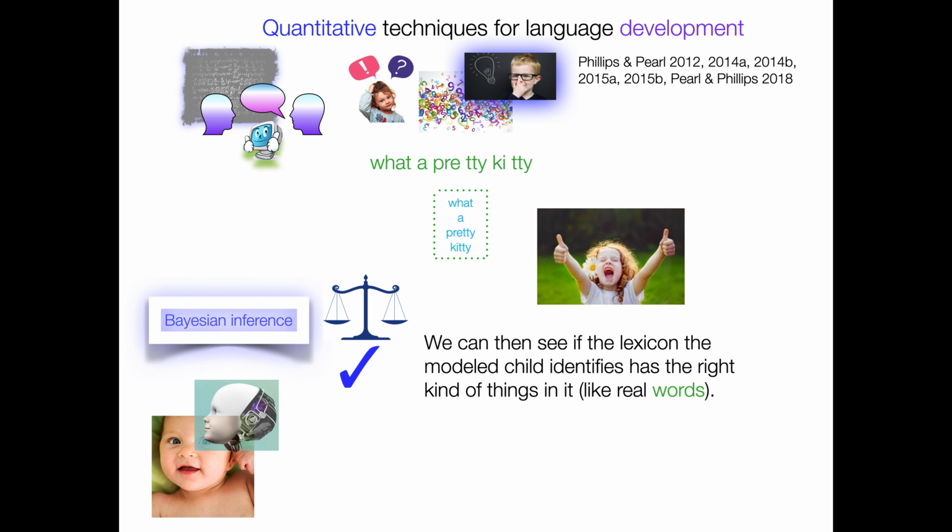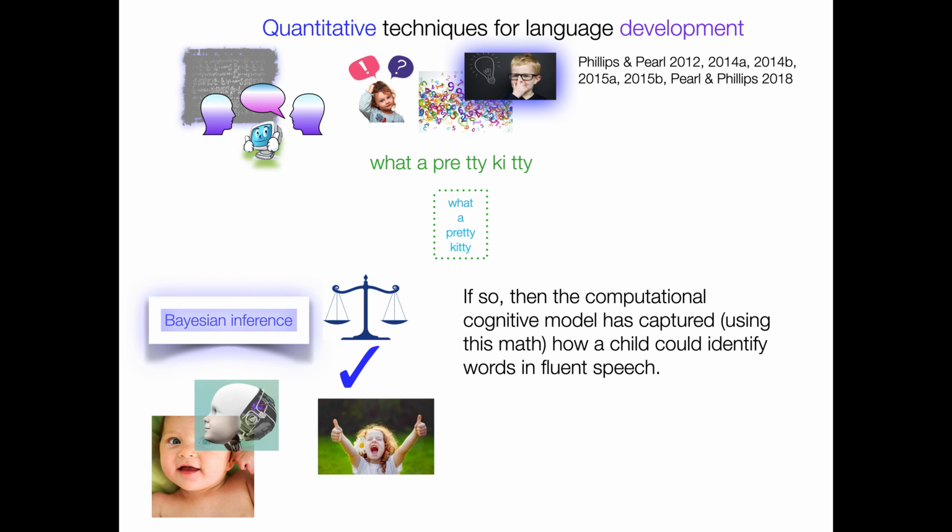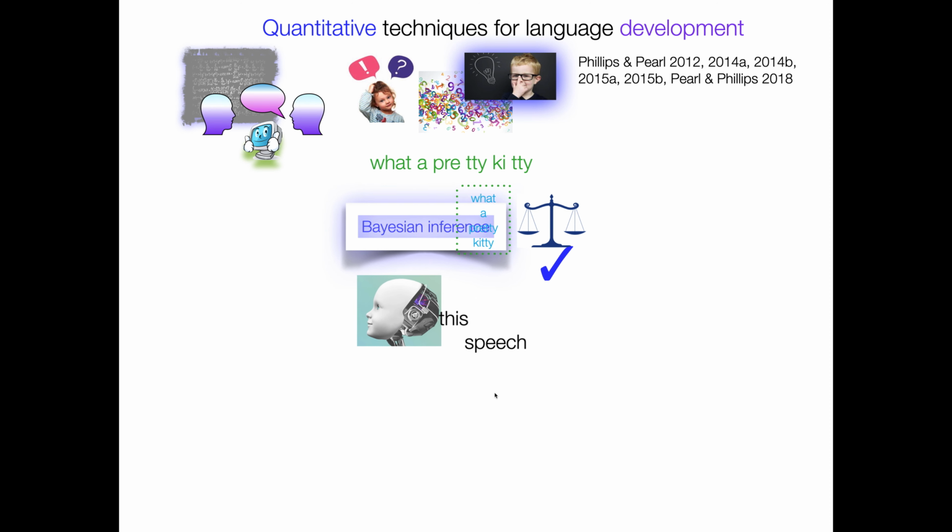Now we can then see if the lexicon the model child identifies has the right kind of things in it, like, for example, what we as adults would recognize as real words. And if so, then the computational cognitive model has captured, using this particular math, counting these syllables in this way, reasoning using Bayesian inference, how a child could identify words in speech, what learning strategy might work.